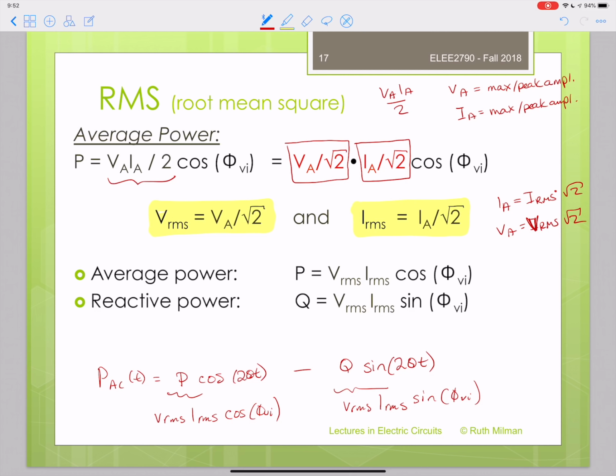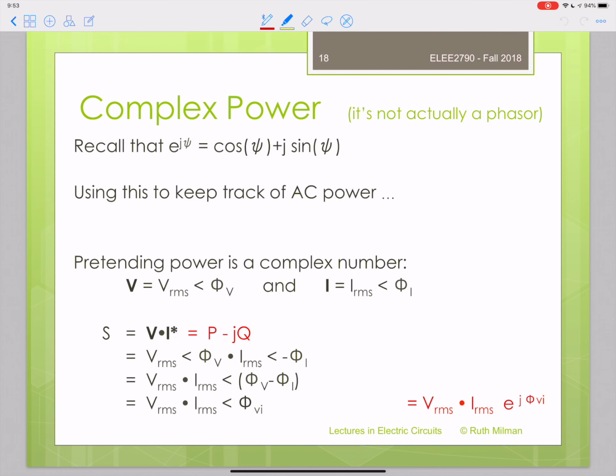So we've looked at this a bunch. We've seen some important things, and we want to bring out some of this. Let's take a look at our AC power. This should remind us of something. It's not quite the same, but it looks a lot like our phasors. Let's talk for a minute about complex power. Now just be careful because power is not actually a phasor value.